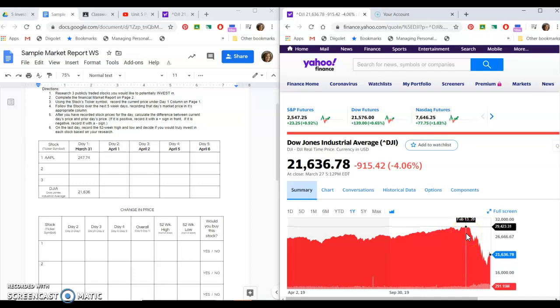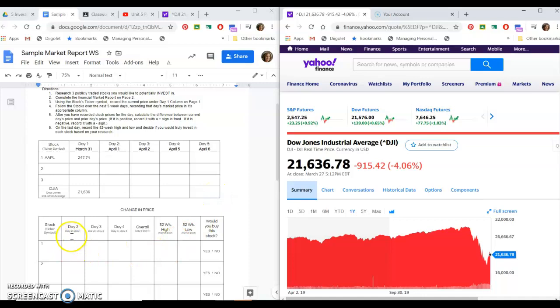And you can see February 13th, we are at 29,423. And since the coronavirus has hit the United States, we've seen a huge collapse in the market of 35%. And then we've seen it slightly start to grow again. So you're going to put that number right here under Dow Jones Industrial. And we're going to track that change as well over the next 5 weekdays.